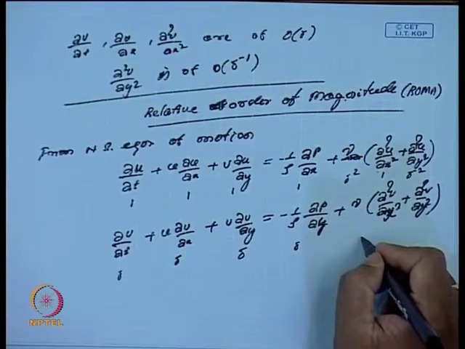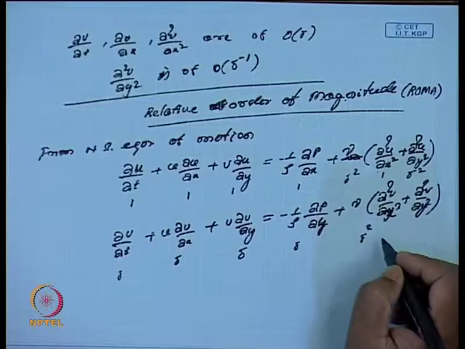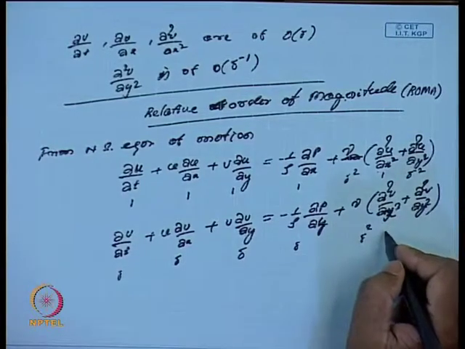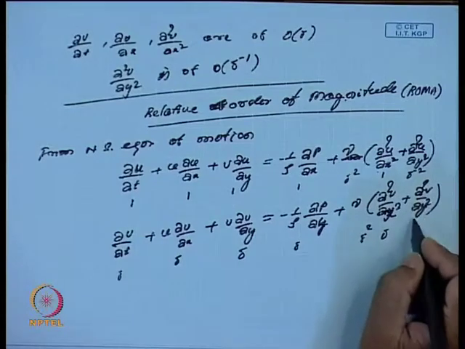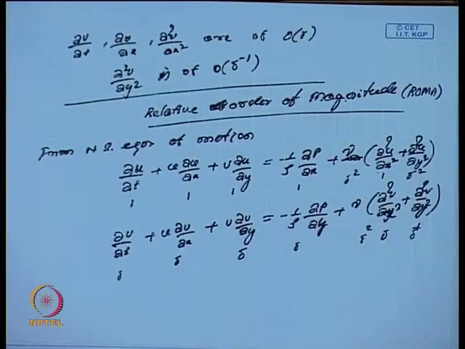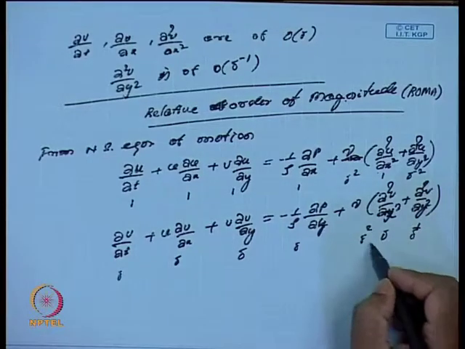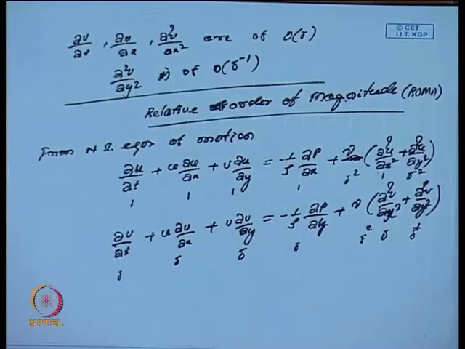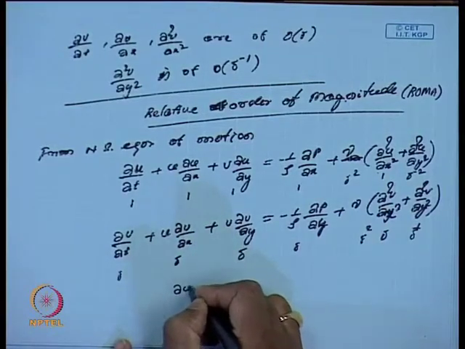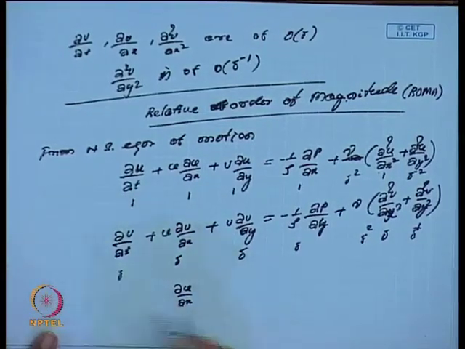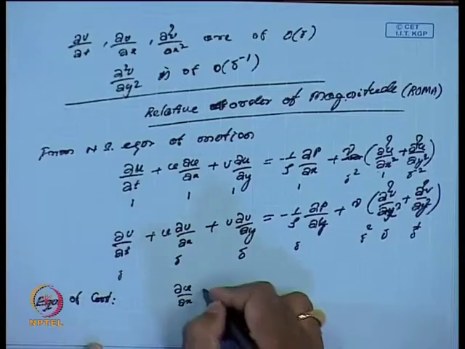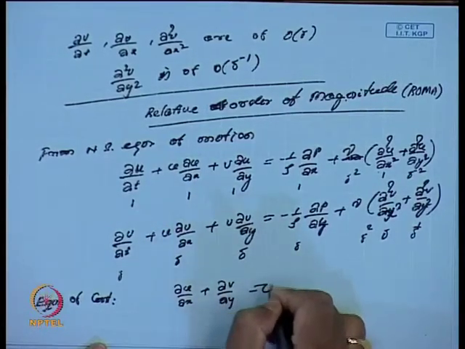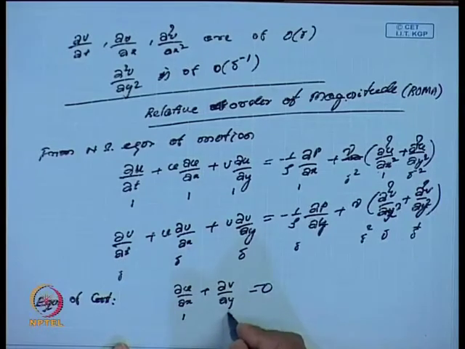Again delta square, this is nu of order delta square, del square v by del y square, this is of delta, and this is del square v by del x square, and this is 1 by delta. So, if you multiply, this is of order delta cube, and this is of order delta. And then we look at the equation of continuity. You have del u by del x plus del v by del y is equal to 0, because this is of order 1 and this is also of order 1.